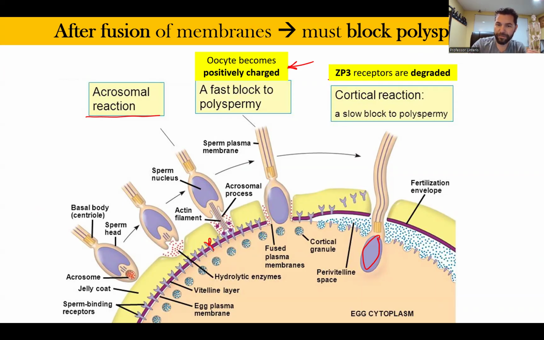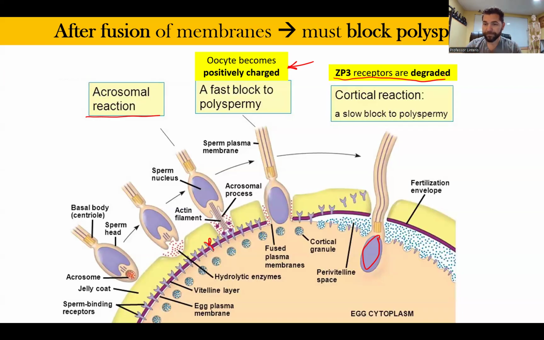In addition, the receptors get destroyed. So we have that shocking, which is a fast block of polyspermy, and we'll see a chart that's crazy, but I'll show it to you anyway. And then you have the degradation of those receptors, so no other sperm can bind. That's obviously a slower process. It's going to take a while to break down and degrade all those receptors. That's why it's called a fast and a slow.